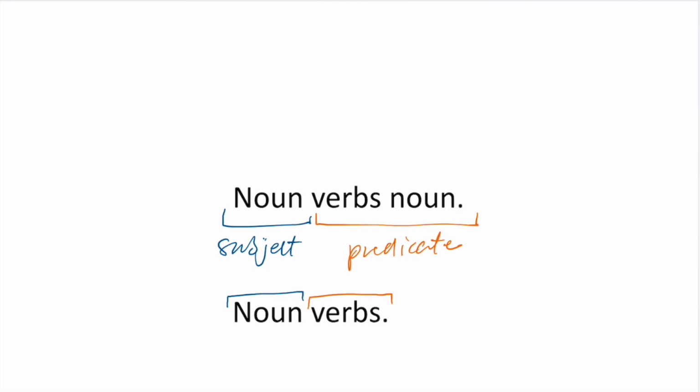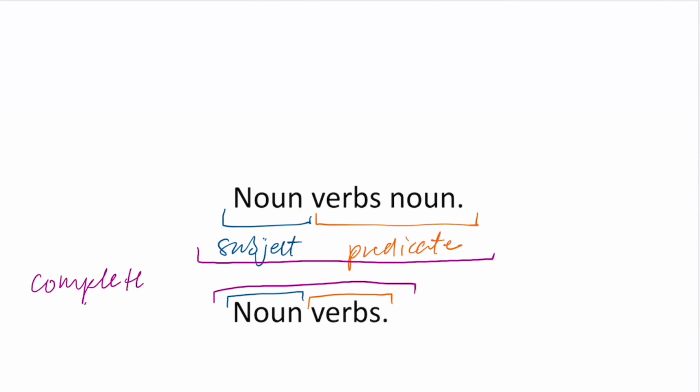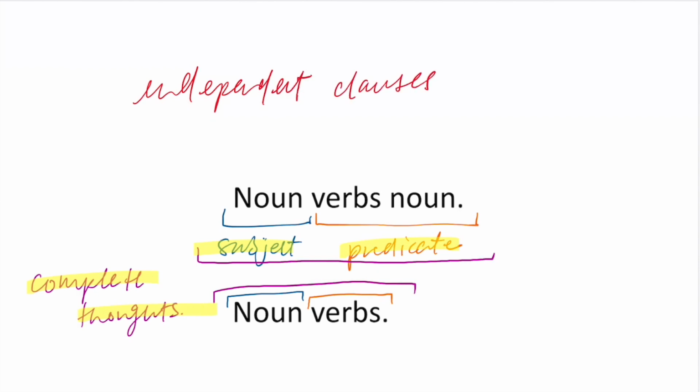In order to lump both of these things together, we can think of both of these things as complete thoughts. If a subject plus a predicate constitutes a complete thought, it's called an independent clause. This is in distinction to dependent clauses, which don't necessarily have all three of these things.